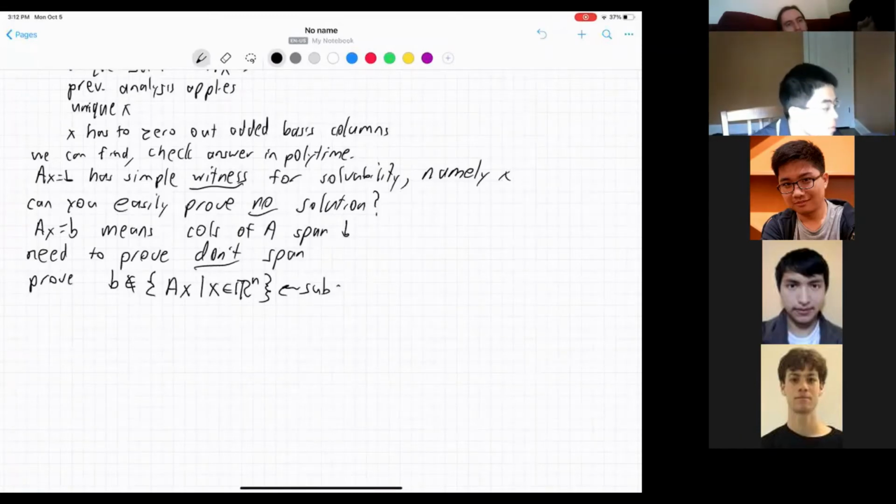Now this, of course, is a subspace, right? So what we're trying to do is prove that the vector B is not in the subspace spanned by the columns of A.